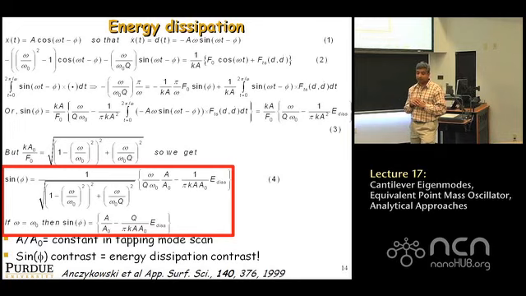Okay? Now, if the tip-sample interaction force were purely conservative, what does conservative mean? It means that F_TS is only a function of distance d, not a function of rate; there's no rate dependence in it. If that's the case, what do you expect this integral to be? In a cycle, if you have a conservative force, you go in a cycle, you come back to the same state, it does zero net work.